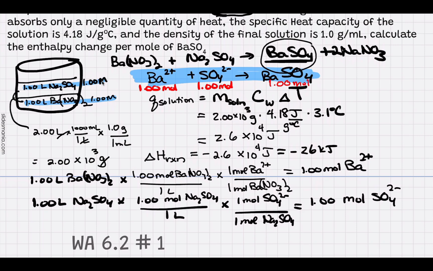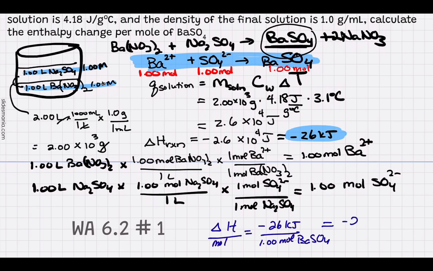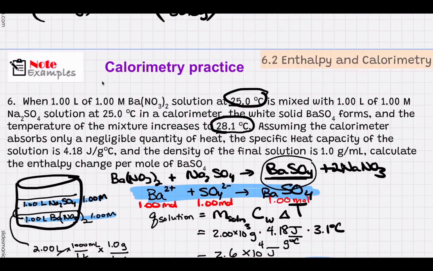So I'm going to take my energy, the heat of the reaction that formed the barium sulfate, and I'm trying to figure out per mole. So it's really going to be negative 26 kilojoules per 1 mole of barium sulfate formed. So it's negative 26 kilojoules per mole.